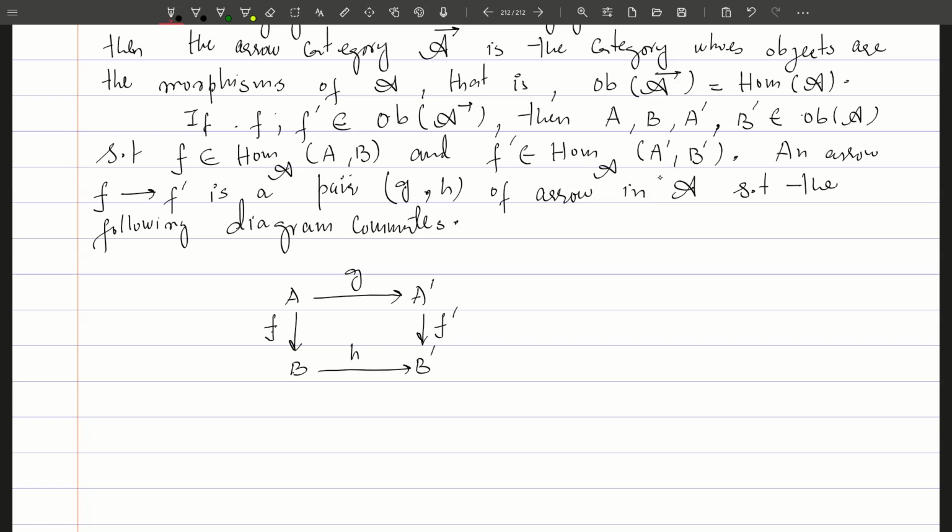That is, if we first go by the map F followed by H, that has to be the same map as first going via the arrow G followed by F prime. So this is the case with the objects.